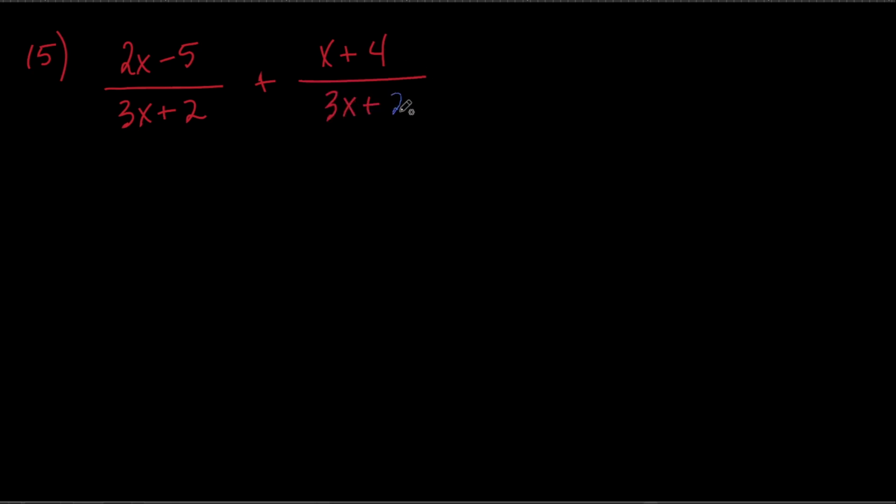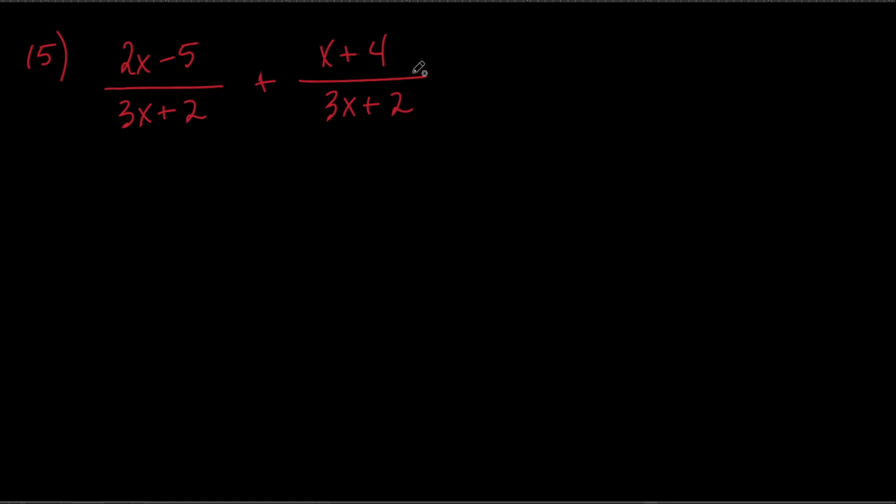All right, so we're doing number 15. So it's 2x minus 5 over 3x plus 2. And now you're adding. So we did multiplication and division. Now we're going to do addition, which throws a monkey wrench into the situation.